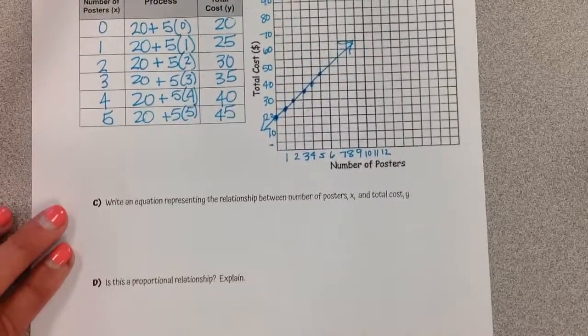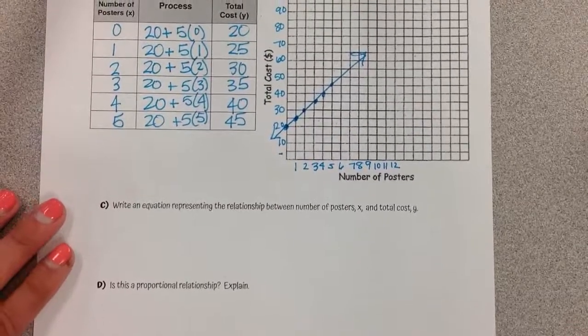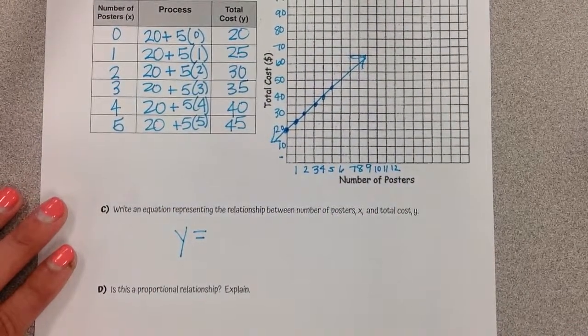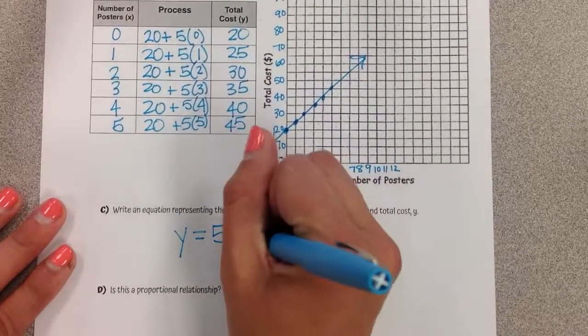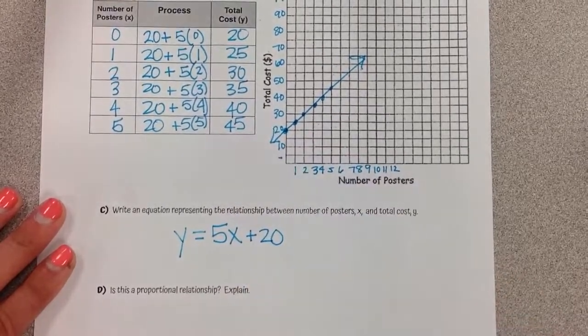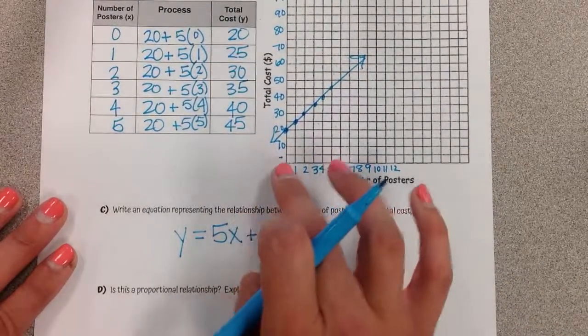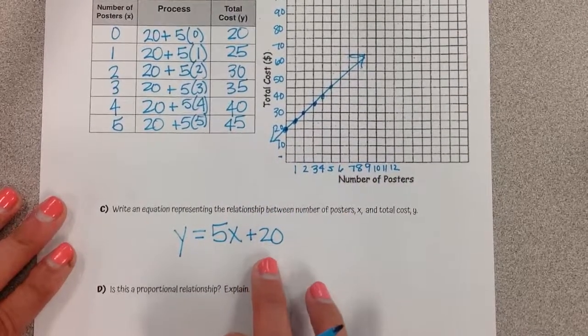So, first off, I'm going to write an equation representing the relationship between the number of rides x and the total cost y. So our total cost y equals, well, it's $5 per ride plus that $20 admission, okay? So is it proportional or not? A couple ways we could look at it. It does not go through the origin, and we're adding this value to the x.